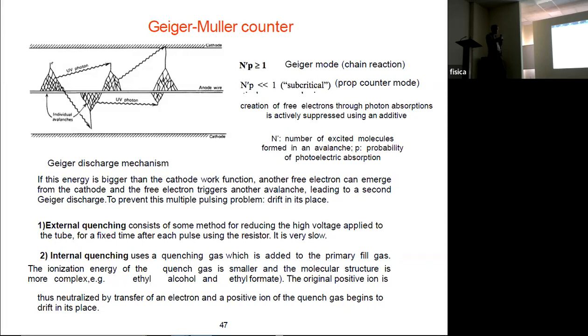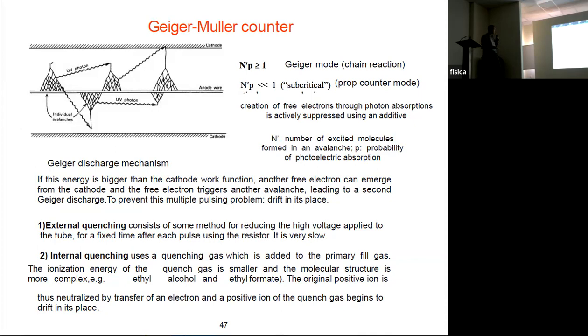If you have argon, you always have ultraviolet photons. They create an avalanche, which develops toward the anode and gives you a huge signal. And you want to have many ultraviolet photons to support this avalanche.